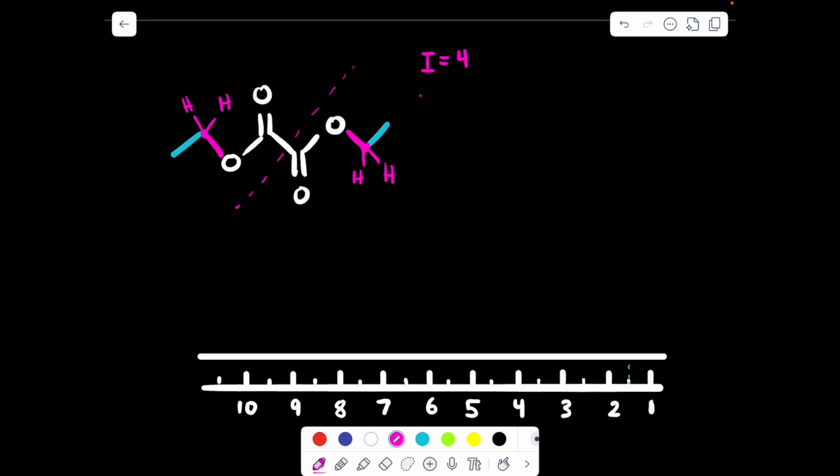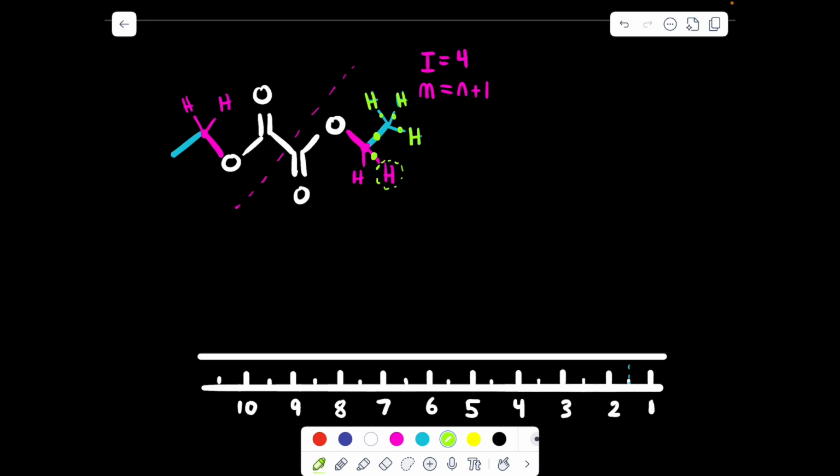So what about its multiplicity? Well, its multiplicity is going to be the neighbors, n plus 1. So how many neighbors does it have? 1, 2, 3. Choose one of these hydrogens and then count 3 bonds away. 1 bond, 2 bond, 3 bond, gotcha.